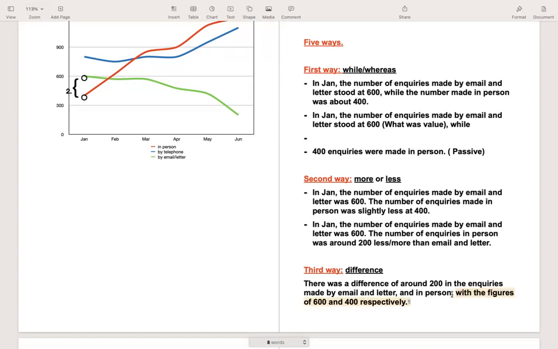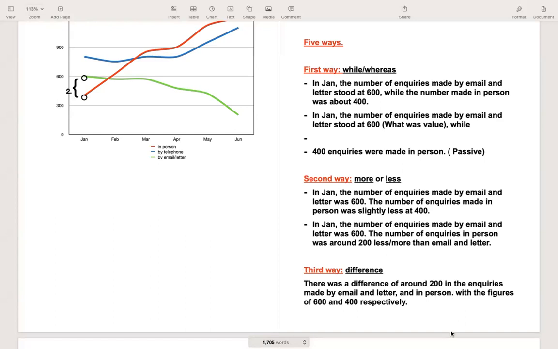A lot of my students make a sentence and end it here, and they think they've done a very good job. But it's not very good. What's the problem? Tell me. It doesn't make the data clear. What data? It doesn't show the quantity. Okay, that is one problem.